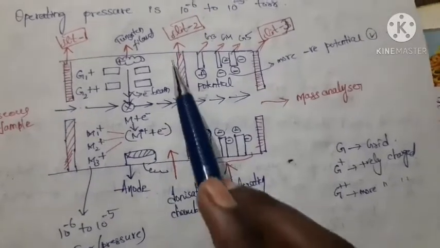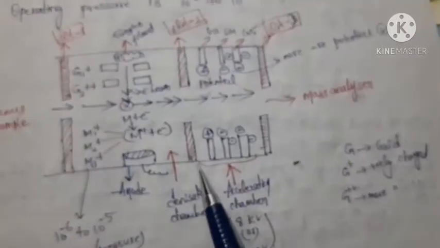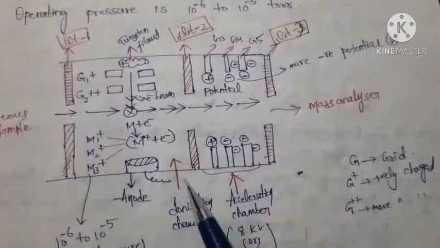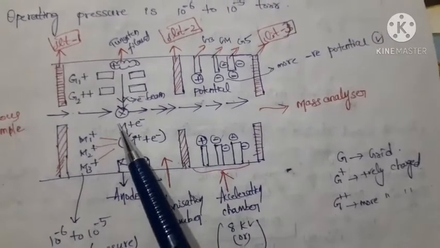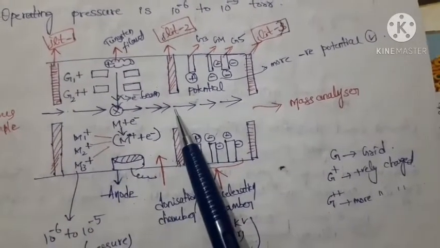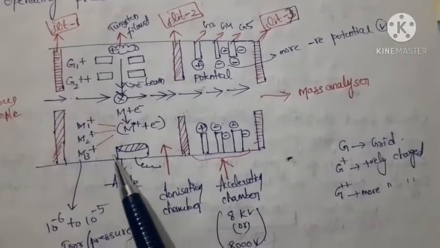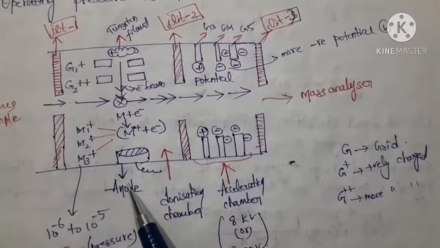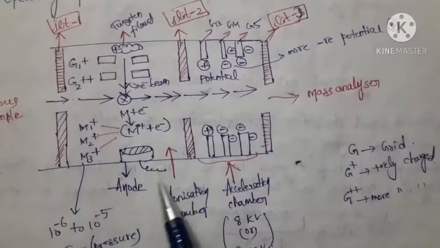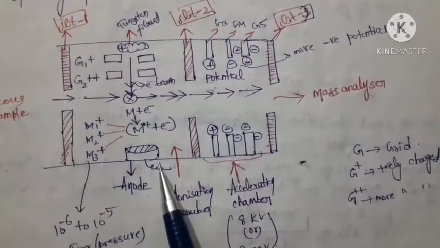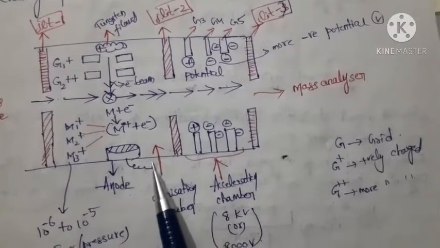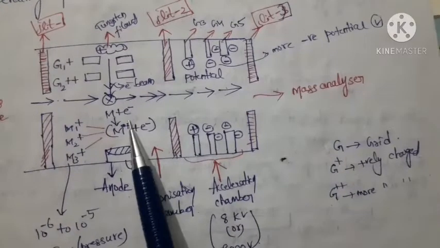Next, this is slit 2, and next it will enter. Let us observe this. This is the anode. Anode means what? This is positively charged. We know that positively charged means it will attract the negatively charged ones.